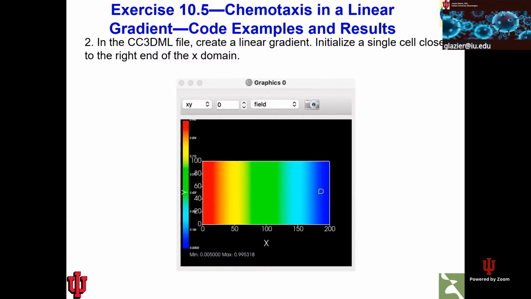Okay, they're running that. So you want to look at the chemical field? Just look at the chemical field. Okay, yeah, so it's fine, but you want to create only one cell, so you want to edit the blob initializer settings.